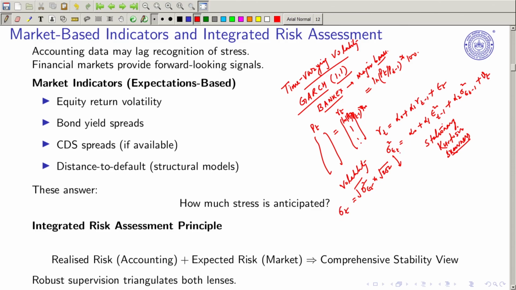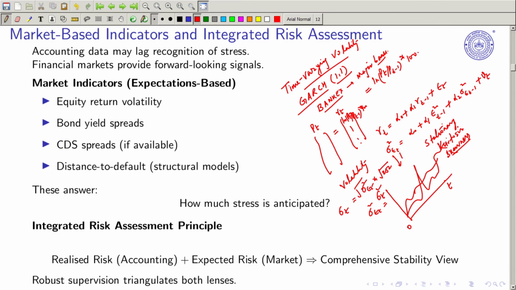Or else you can just extract this sigma squared epsilon_t and plot it over a period of time. This will be your sigma squared t, and this will be your time period, and then you can see in which period it was higher and in which it was lower. It may go like this.